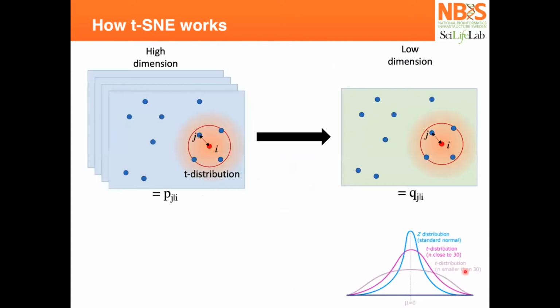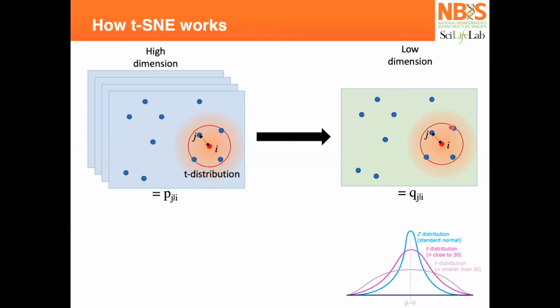But how does tSNE find what is the best embedding? So imagine that you have your data on a higher dimension. This representing all the dimensions and some different points that you have. And here is your lower dimension. So it's the final plot that you get in your data set.